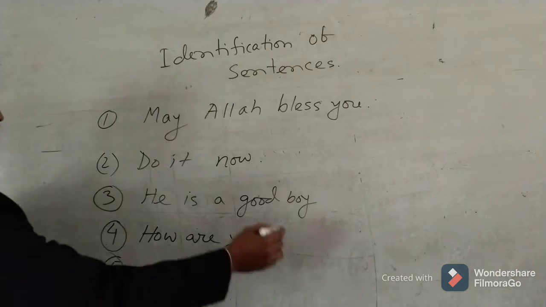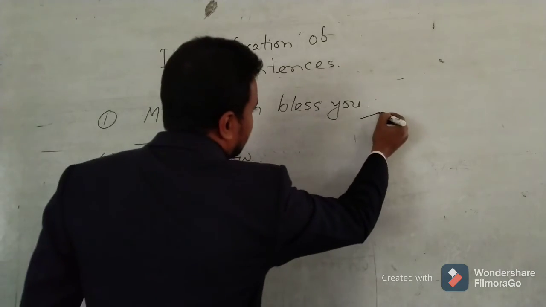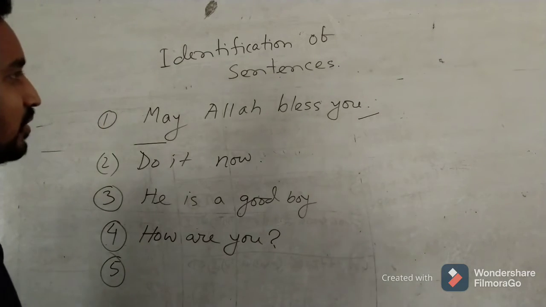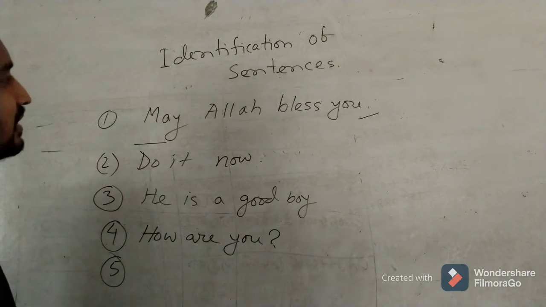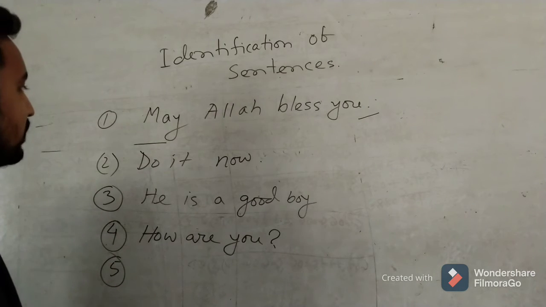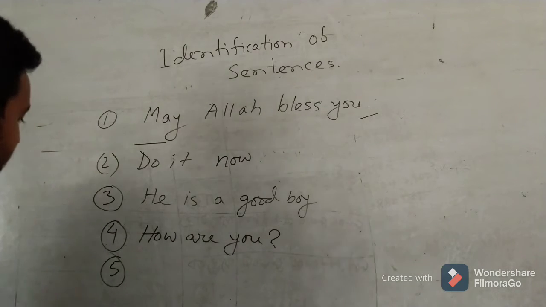You have to notice the first part of the sentence and the last part of the sentence, and by noticing the two parts, you can easily tell anybody that this is an example of assertive sentence, interrogative sentence, optative sentence, or exclamatory sentence.